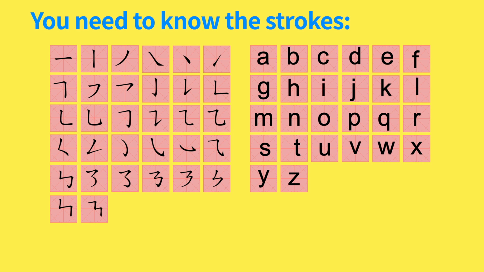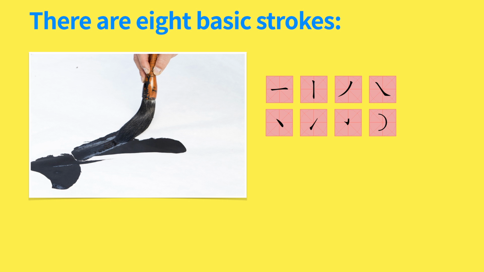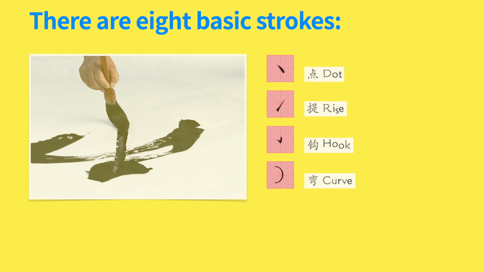These 32 common strokes are made up of 8 basic strokes, which are 横 or horizontal, 竖 or vertical, 撇 or throw, 捺 or press, 点 or dot, 提 or rise, 钩 or hook, and 弯 or curve.